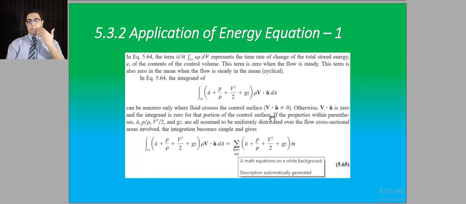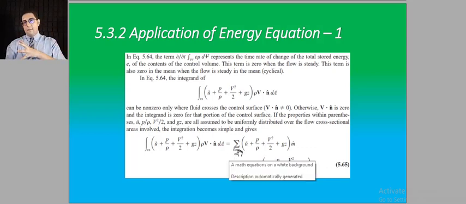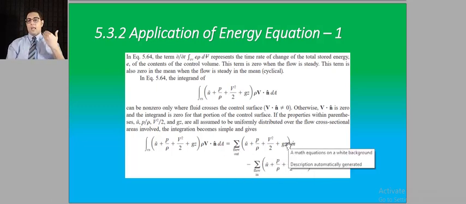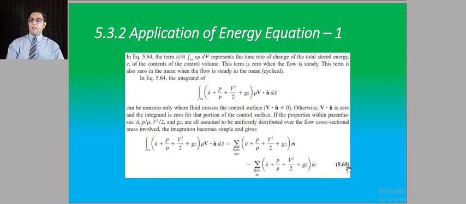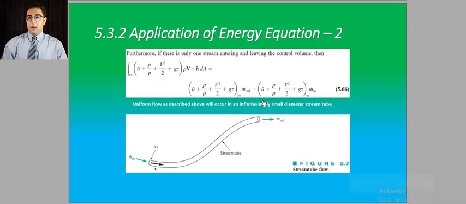At the time when v dot n is not zero and everything is uniformly distributed, we have the total energy equation in a steady state as equation 5.65, where m dot is the integration of rho v dot n dA. It's the same story here, where we have just a uniformly distributed velocity profile in an infinitesimally small diameter.